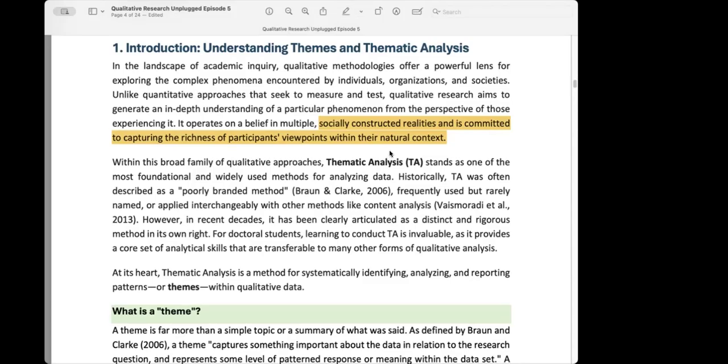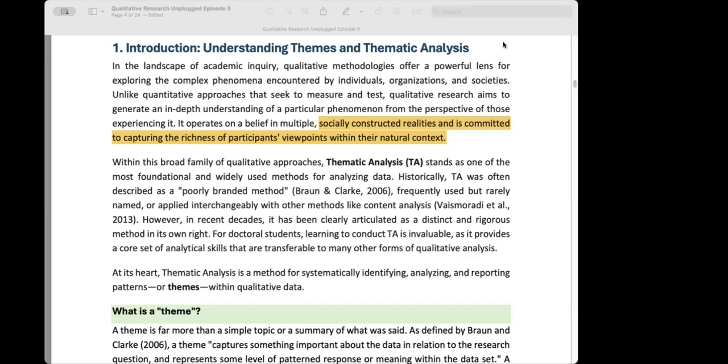Precisely. And within this vibrant landscape of all these different qualitative approaches, thematic analysis, or TA, has really emerged as a foundational and, frankly, one of the most widely used methods. You see it everywhere. You really do. It's so widespread, in fact, that it often faced a bit of an identity crisis in the past. As the guide points out, Braun and Clarke famously referred to it back in 2006 as a poorly branded method.